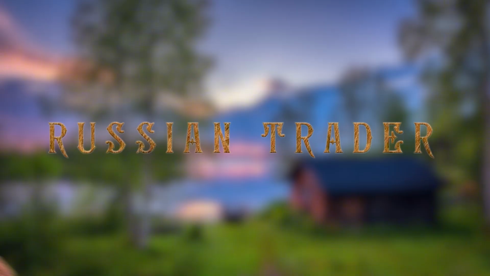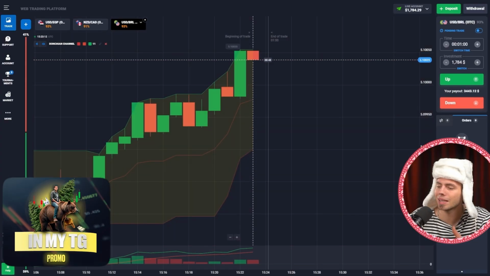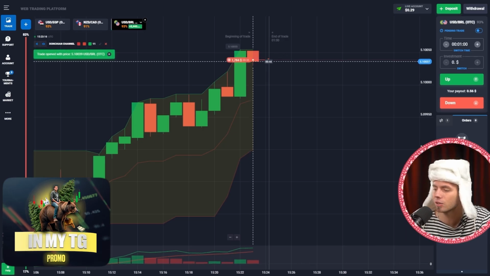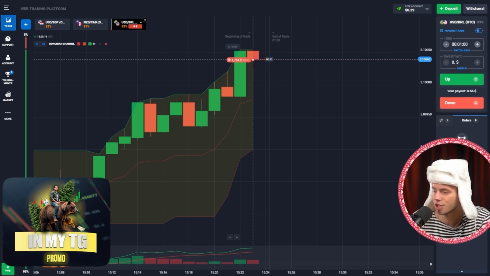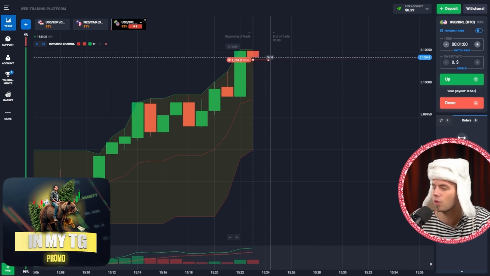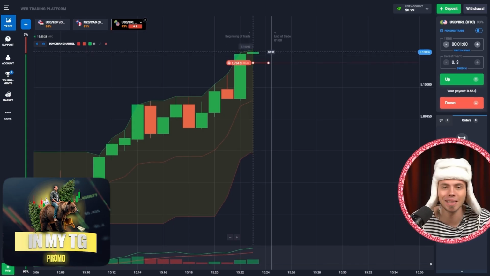Okay, let's move on to the next. Let's set the amount 1784, and right now we are opening a sell trade over here. What can I say? Guys, here is another situation. The asset is already in an overbought condition, and we expect a further decline right now, so we will see the option going down in the nearest future.